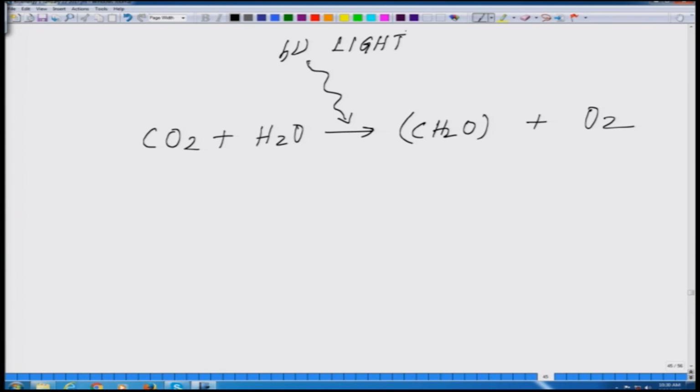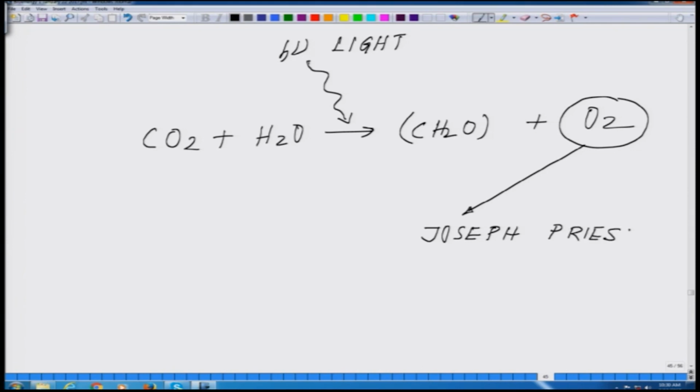So, if you look at it, the evolving of oxygen was shown by Joseph Priestley, just putting the name, you can cross check, you can go online and figure it out, around 1780.